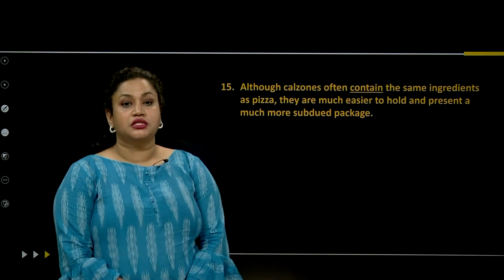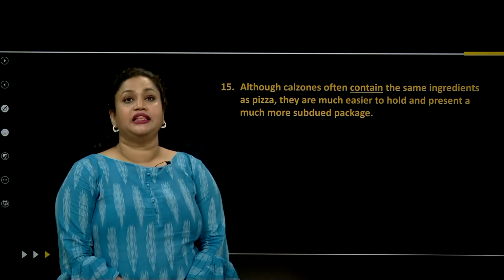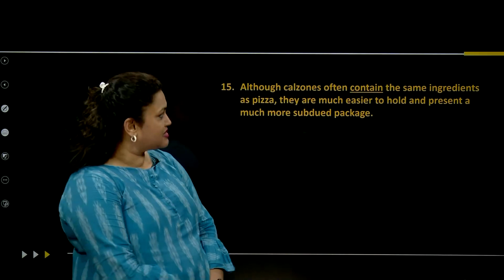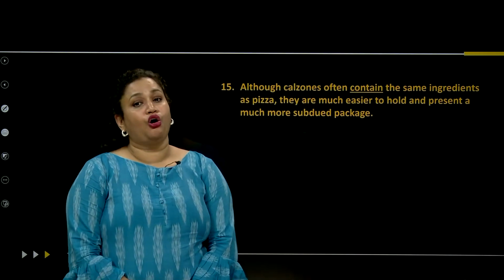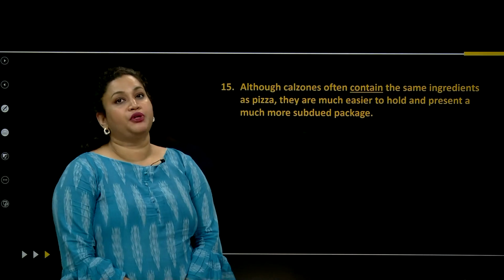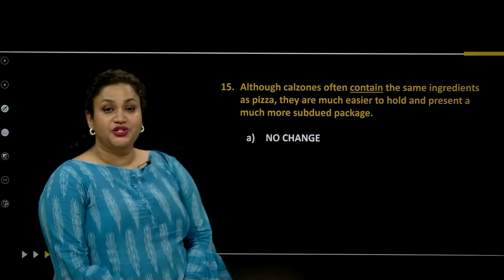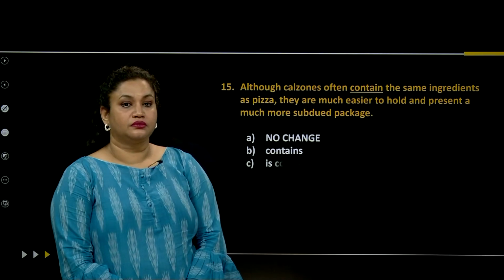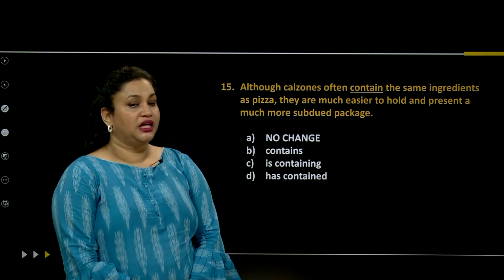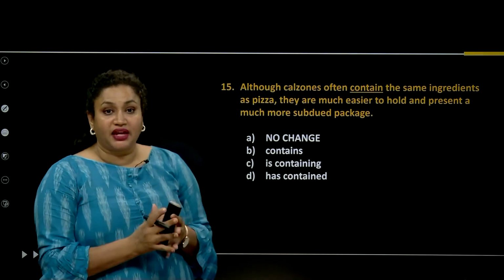Although calzones often contain the same ingredients as pizza, they are much easy to hold and present a much more subdued package. Now see the options here. Here also it's the same thing.